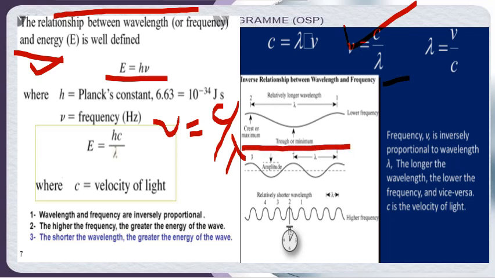The longer the wave, the lower the frequency, and the shorter the wave, the higher the frequency, as they are related inversely. As frequency and energy are related directly, energy is higher for a high value of frequency, and energy is lower for a low value of frequency. So this is the right answer for this question.